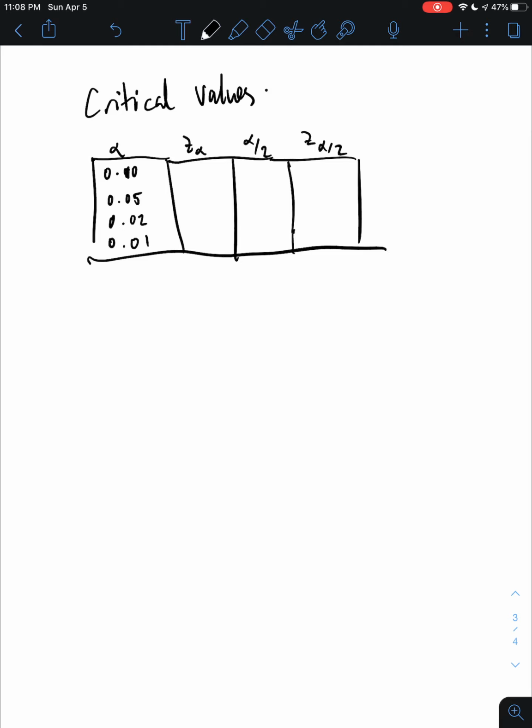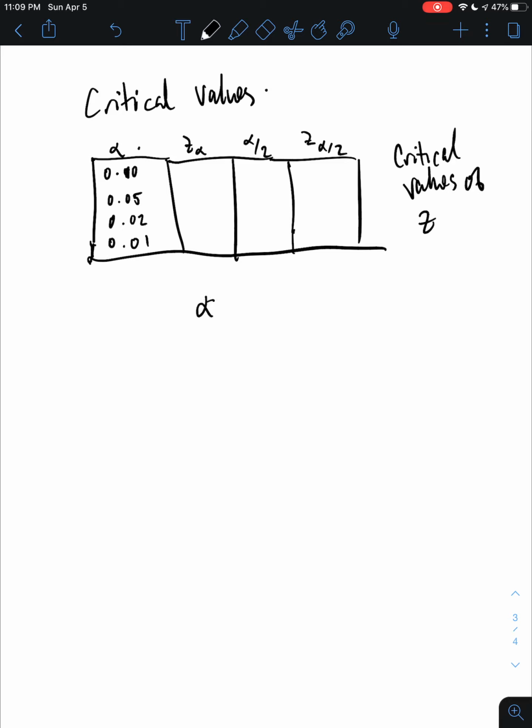If you've been doing your homework, you've referred to this table many times. These give critical values of z for specific chosen alphas. The popular ones are 10, 5, 2, and 1. Our t tables are going to look very similar, except we're going to write them this way.